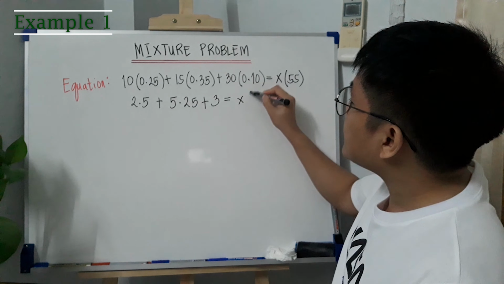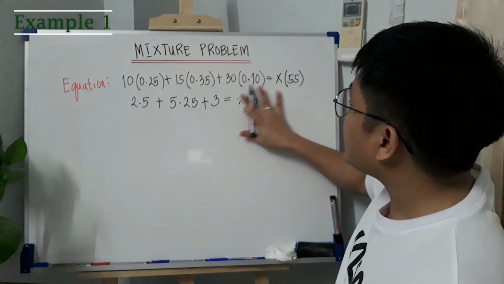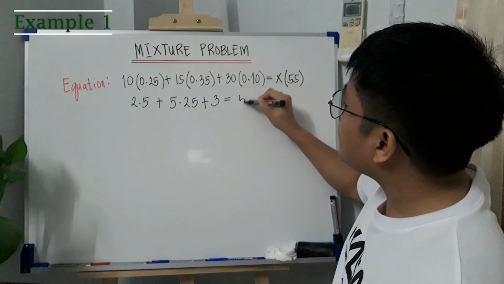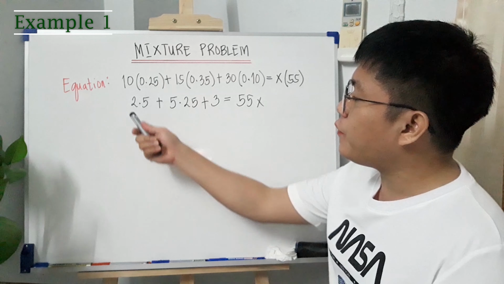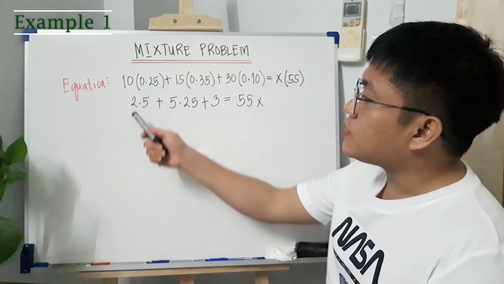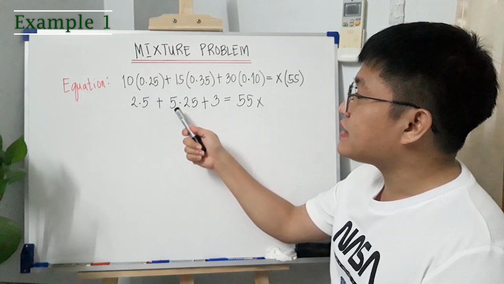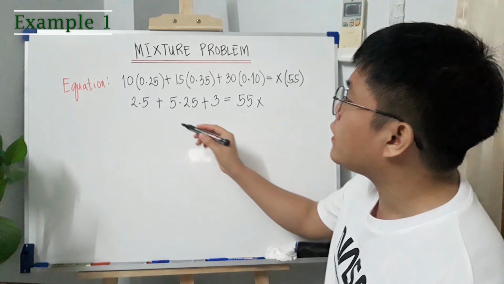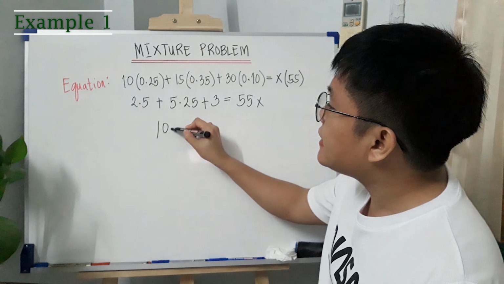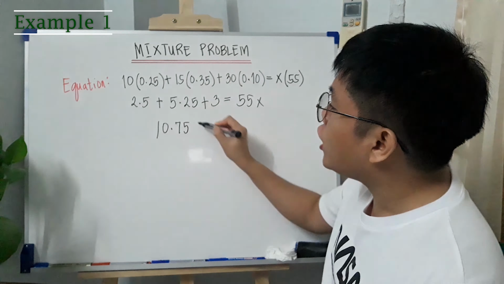Copy x times 55, or 55x. And then we add: 2 and 5 tenths plus 5 and 25 hundredths plus 3 is equal to 10 and 75 hundredths, which is equal to 55x.